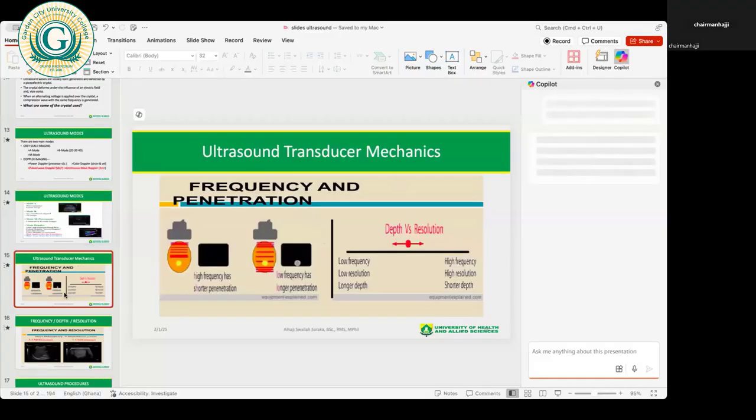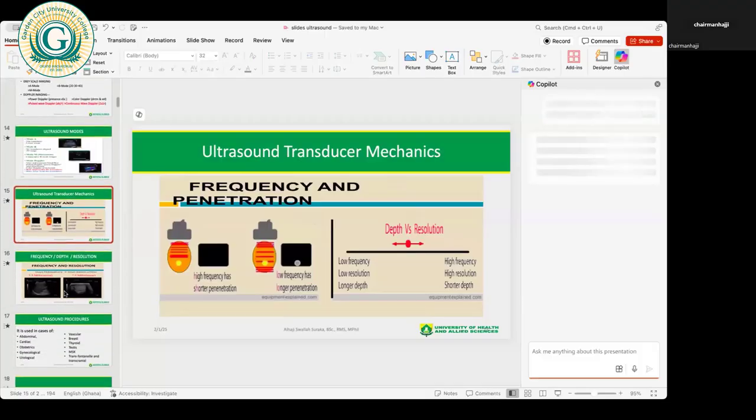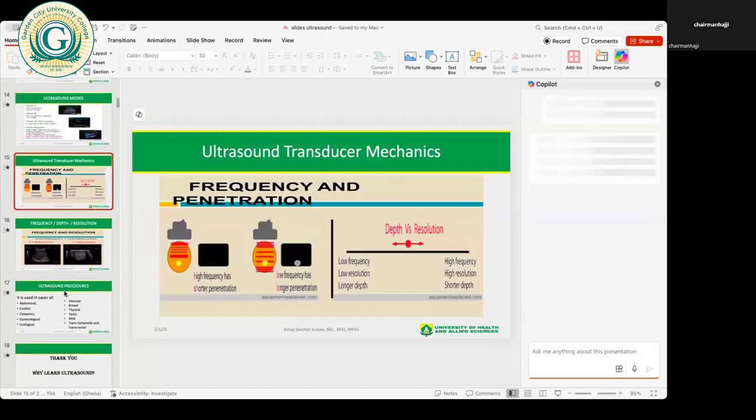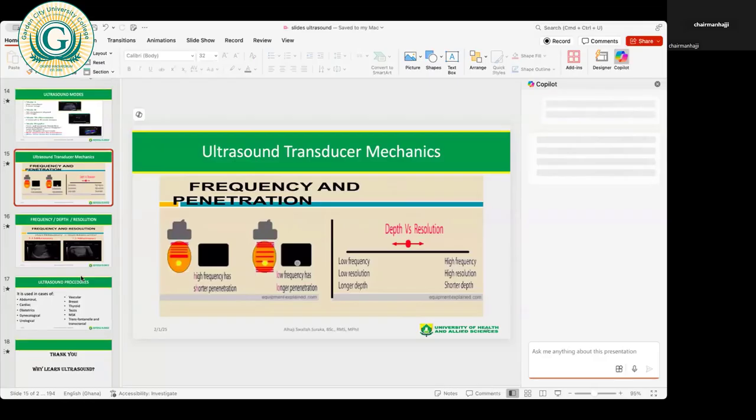We would move on to some of the actions that occur when we are in reference to ultrasound. We have what we term as frequency.